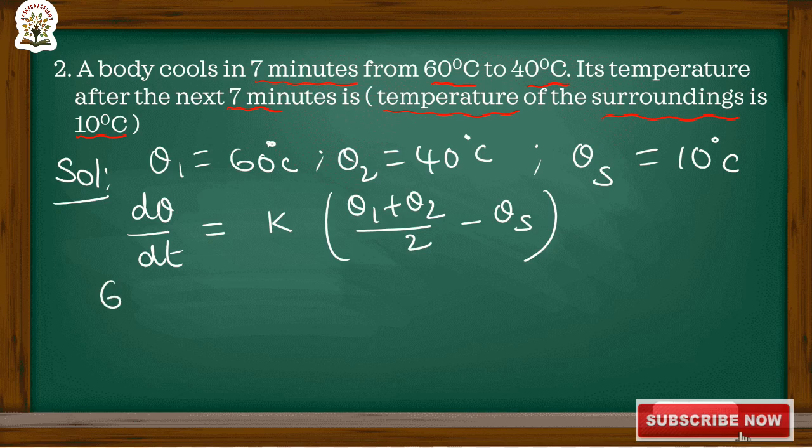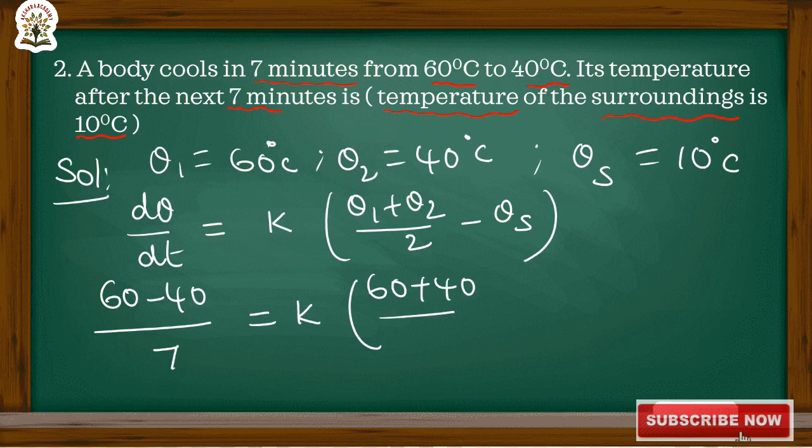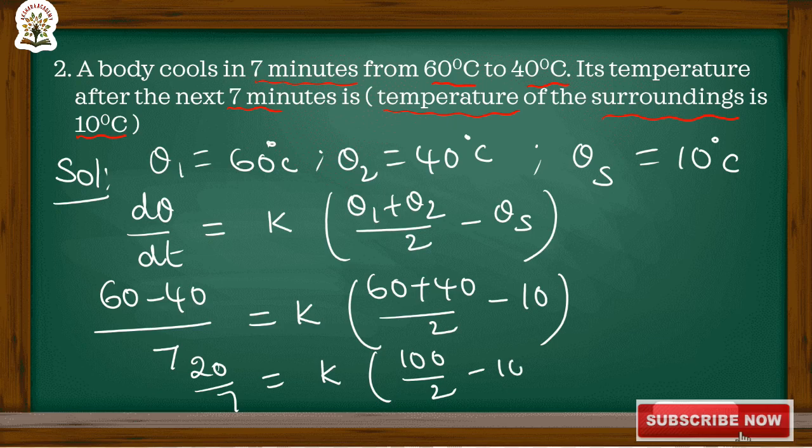Substituting values, (60 minus 40) by 7 minutes is equal to k of (60 plus 40) by 2 minus 10. 60 minus 40, 20 by 7, is equal to k of 100 by 2 minus 10.